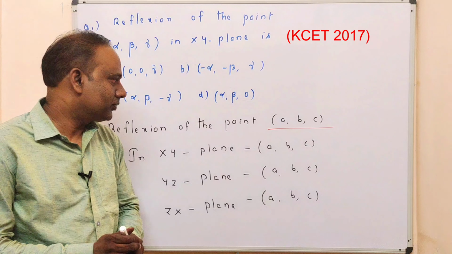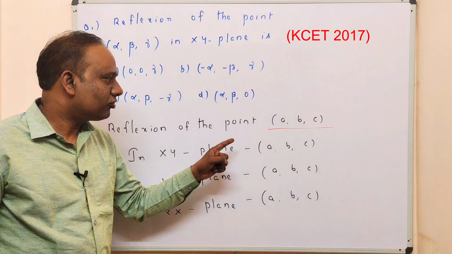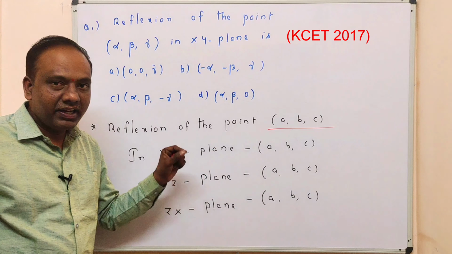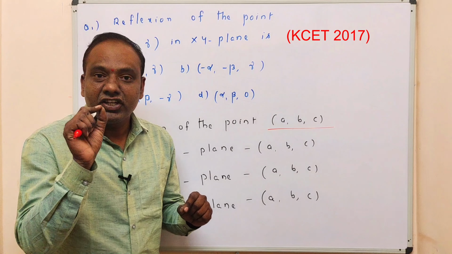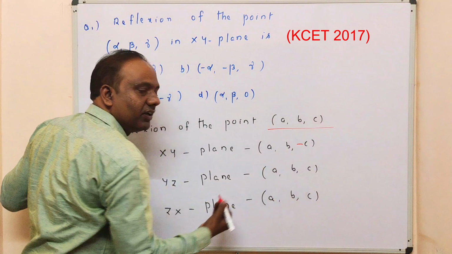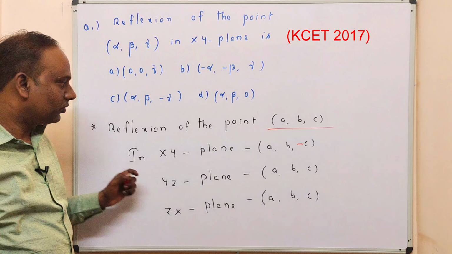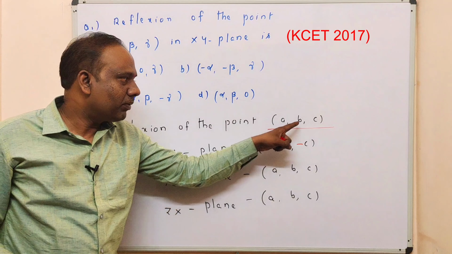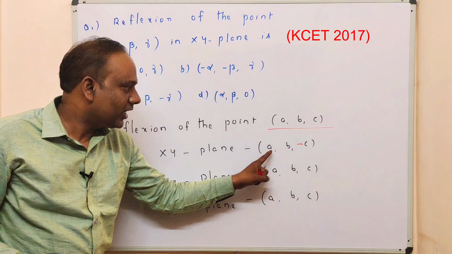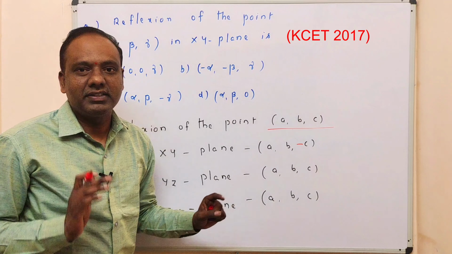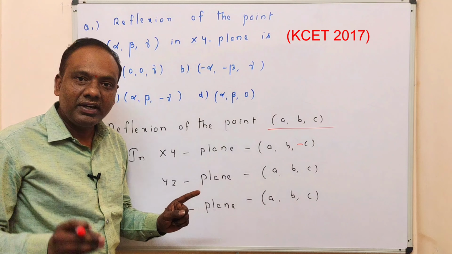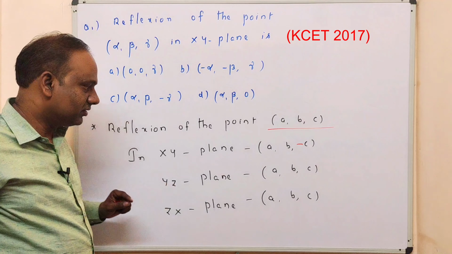First please observe here. The reflection of the point A, B, C in the XY plane: in the XY plane only the Z coordinate sign changes. Here it is the Z coordinate. So the reflection of the point A, B, C in the XY plane is A, B, minus C. Now in the YZ plane, only the X coordinate sign changes.